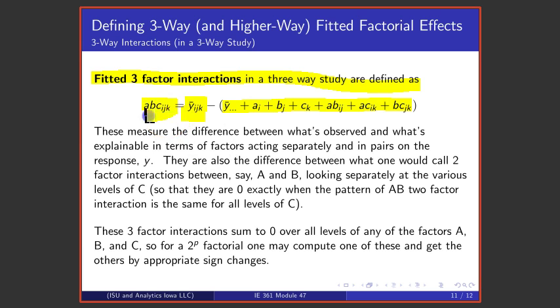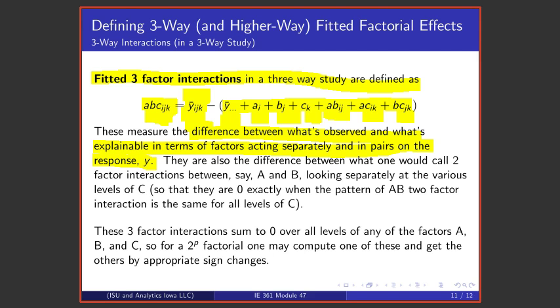So a three-factor interaction is the difference between a y bar that has three subscripts on it and what is explainable in terms of an overall average, main effects, and two-factor interactions corresponding to that set of subscripts. In some sense, it's the difference between what's observed and what's explainable in terms of the factors acting separately and in pairs on this response.